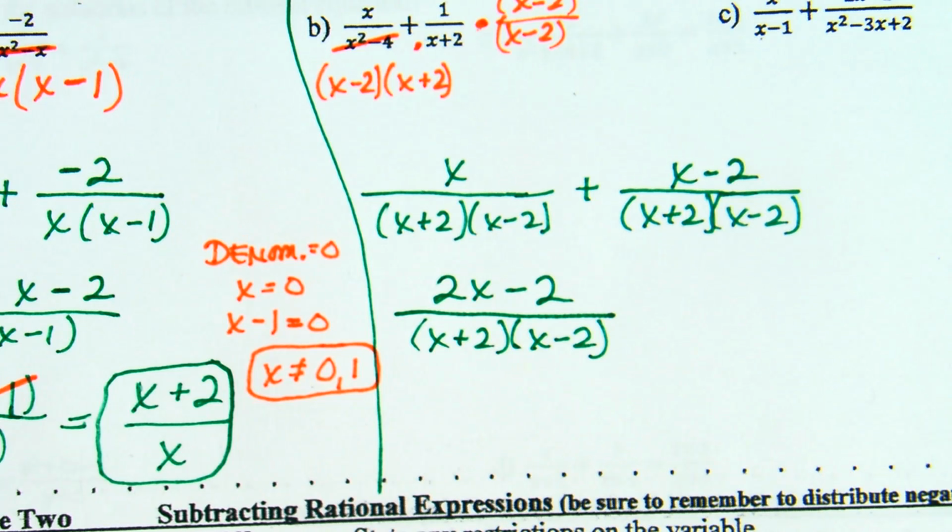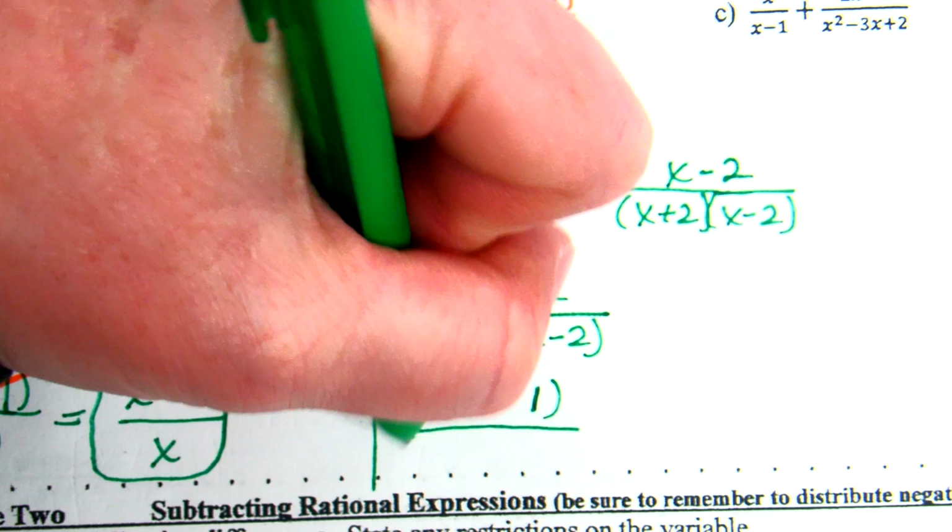If I factor out a GCF of 2, there's a 2 out front, yes. 2x divided by 2 leaves me with x, minus 2 divided by 2 leaves me with 1. I still have x plus 2 over x minus 2. Can I cancel anything? No.